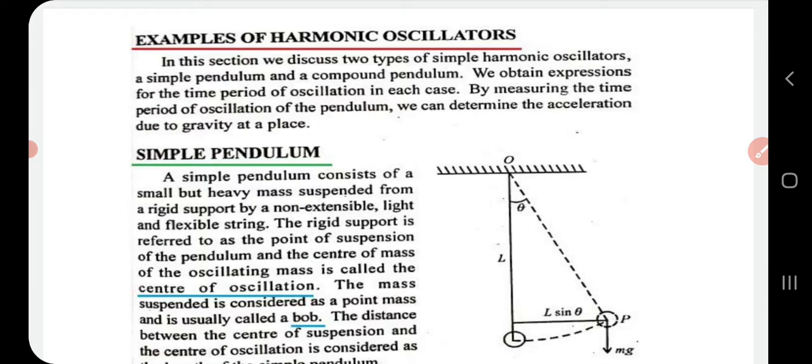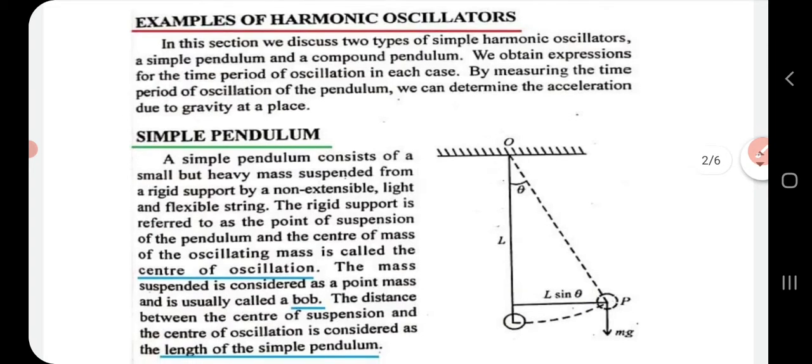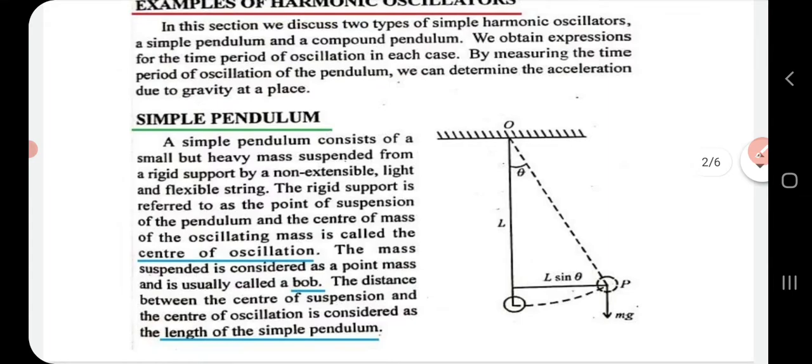So I hope you remember how you did the compound pendulum experiment. Today we discuss the simple pendulum, and in the next session we will discuss the compound pendulum. The simple pendulum you might have studied in your lower class.